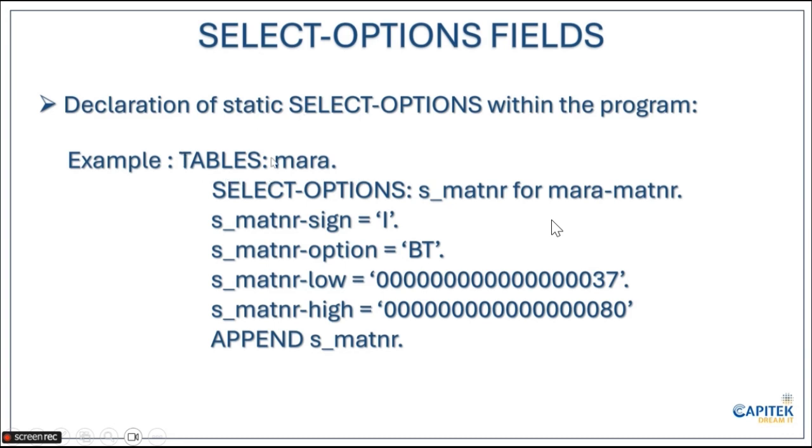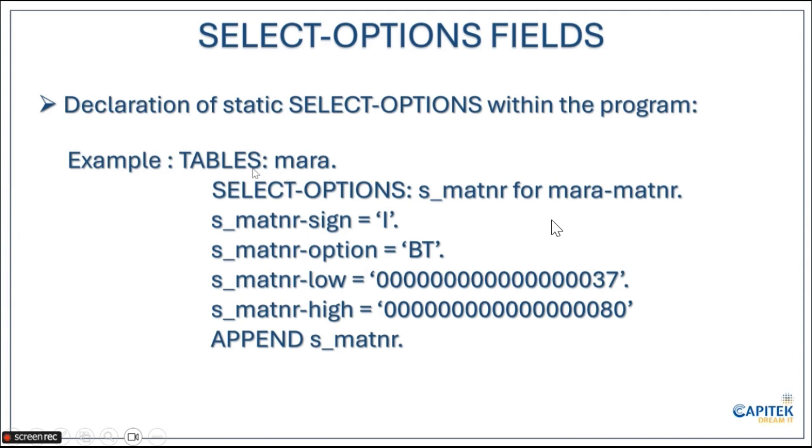Tables Mara means the table Mara will be part of your ABAP program, in the memory allocation. And when you say select options s_matnr for mara-matnr, this will be referring to this table which we are using over here.